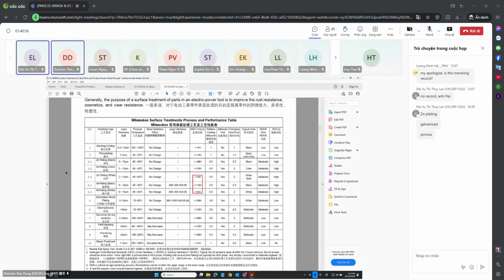Yes. For powder metal parts, there's a special process called impregnation. What's the meaning? The powder metal has a lot of porosities on the surface. They cannot be directly put into water.